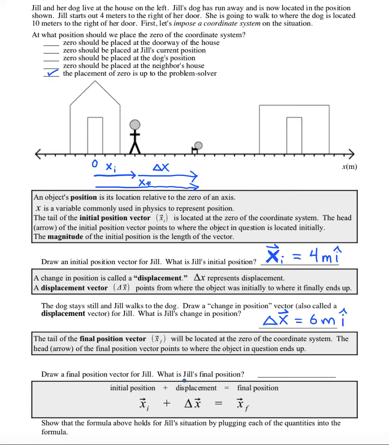Now, what is Jill's final position? x f equals, use the length of it, 10 meters. And just like before, we'll make it clear that it's a vector by attaching the I hat.